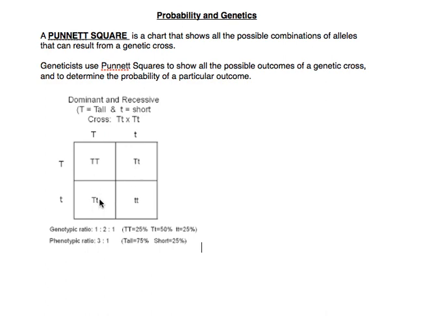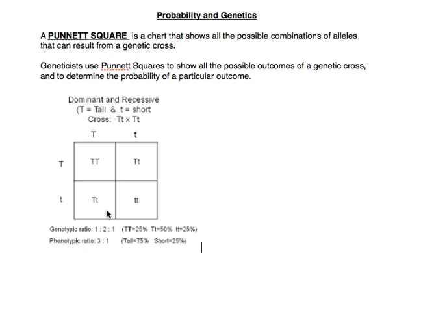And that goes for the same thing here. If this plant donated a short allele and this plant donated a tall allele, you would have a tall plant that has both a tall allele and a short allele. The only time a plant that results from this sort of cross would be short is if it inherited 2 short alleles, one from each parent. So here, if the parent donates a short allele and this parent also donates a short allele, the plant will end up being short.